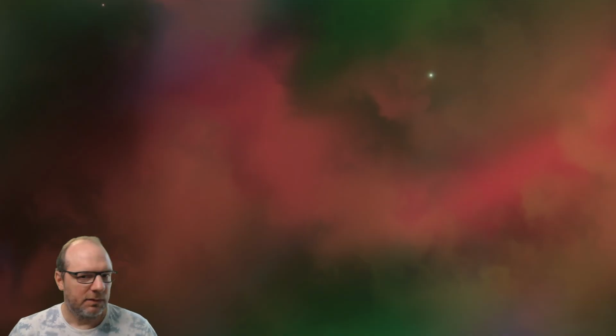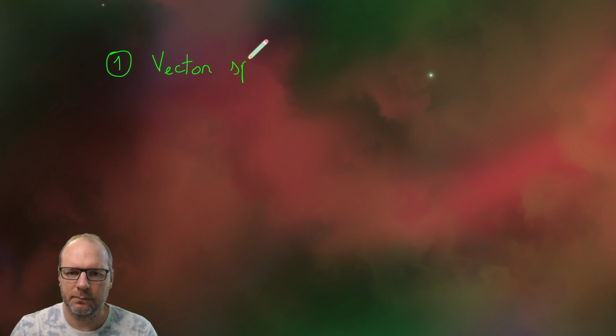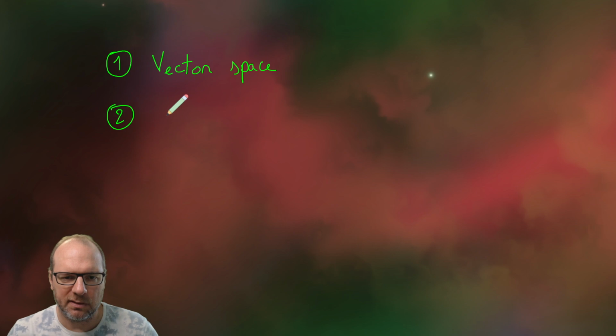Okay, then, to construct a Clifford algebra, we will need two ingredients. The first one is a vector space, and the second is a dot product.